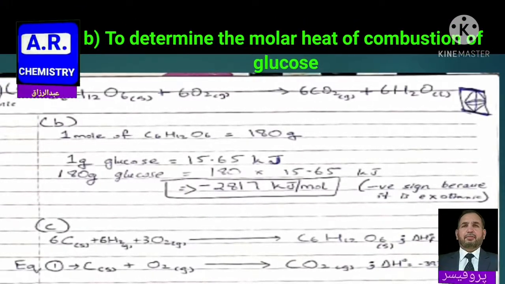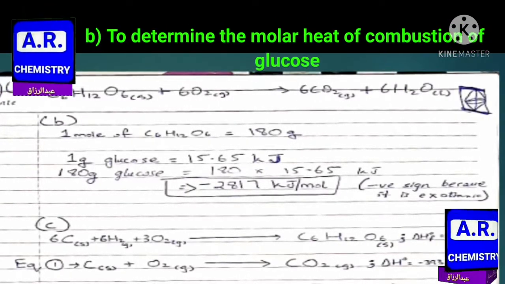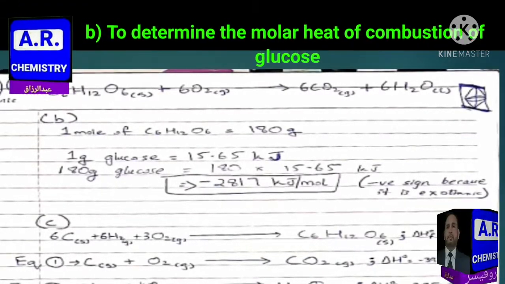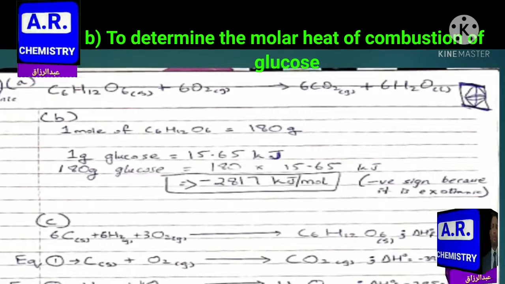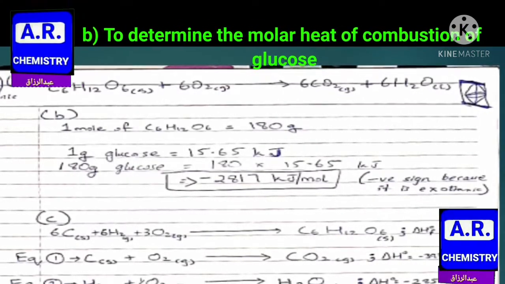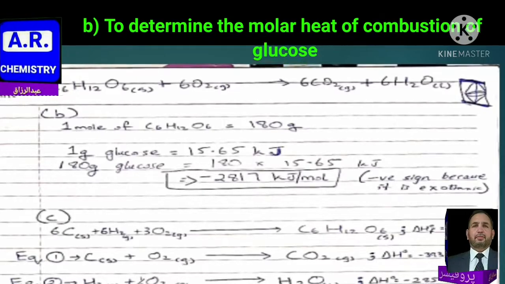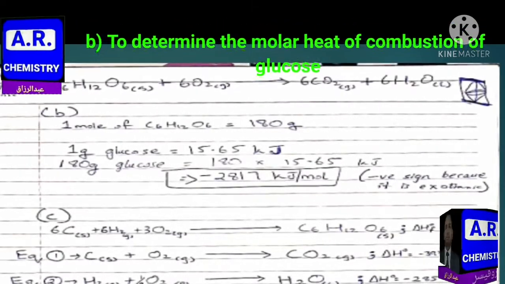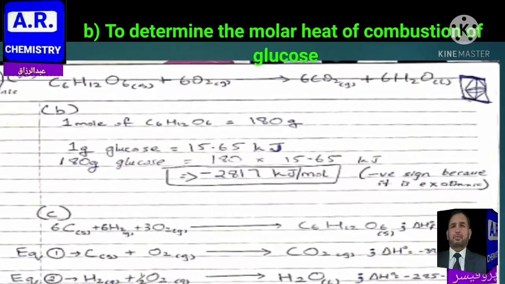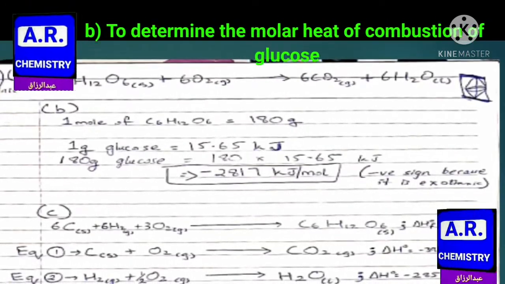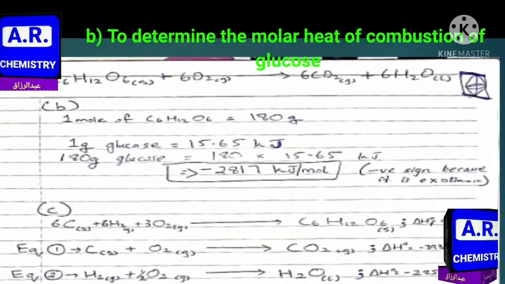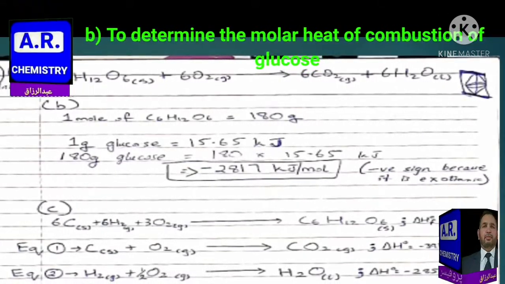That of H is 1, but here H are 6, you are to multiply 1 with 6, and here H are 12, so you are to multiply hydrogen mass 1 with 12. Then O6, the mass of oxygen is 16, then you are to multiply 16 with 6. As a result, you will get molar mass of glucose 180 grams per mole.